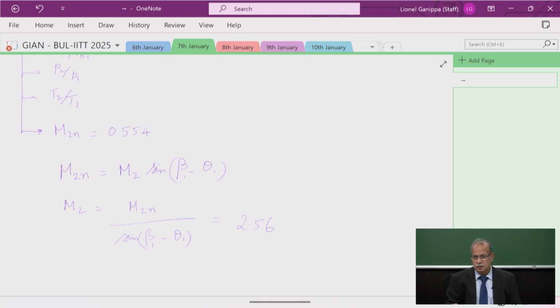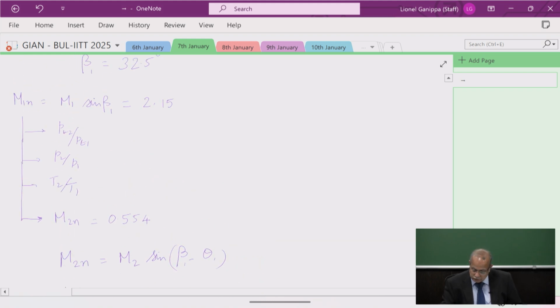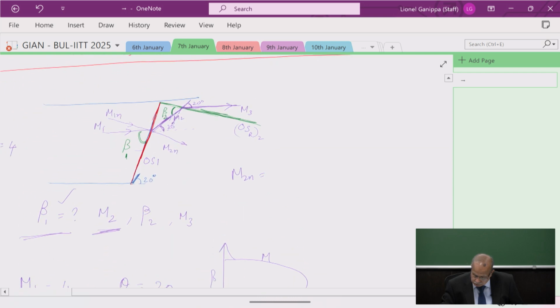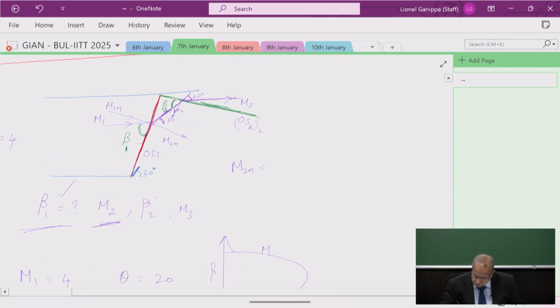So it's not very far from this one. Of course there will be the truncation part of it. So M2 is 2.56, and now find out beta 2.